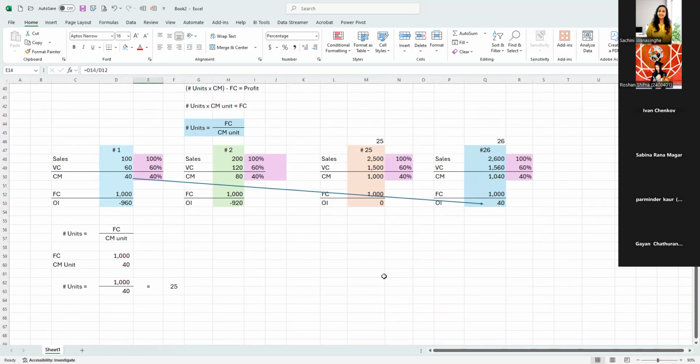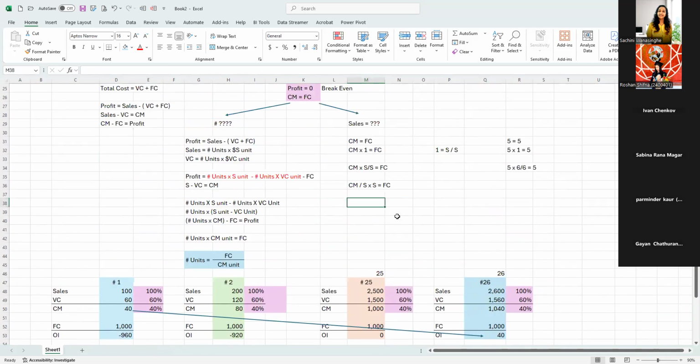That's going to give me the contribution margin percentage, the contribution margin ratio. So now I can substitute in this formula. And what will be my substitution? That will be contribution margin ratio times sales should give me the fixed cost.